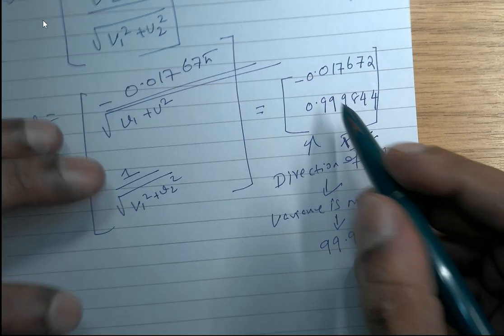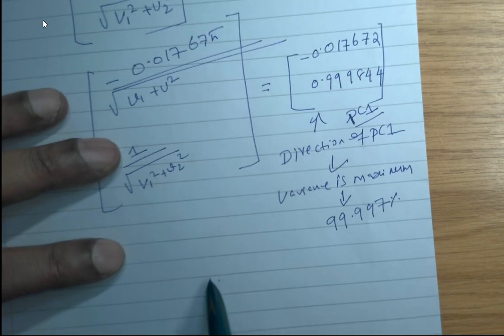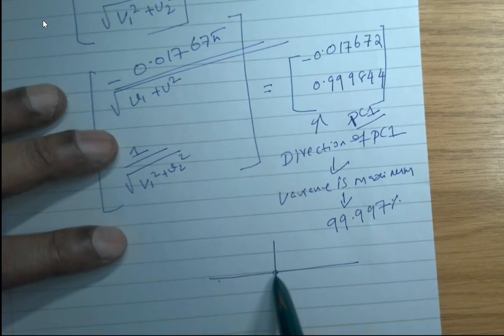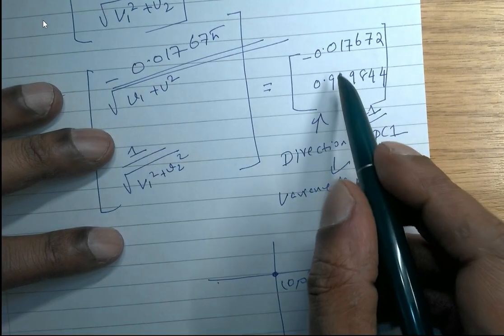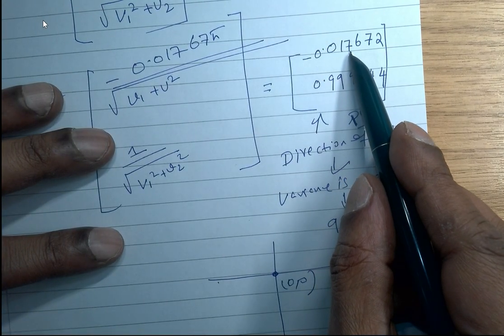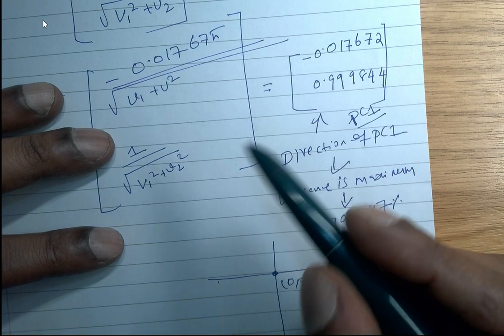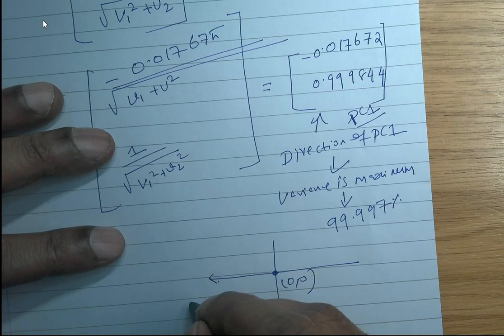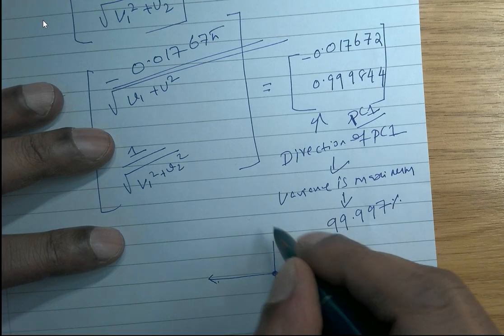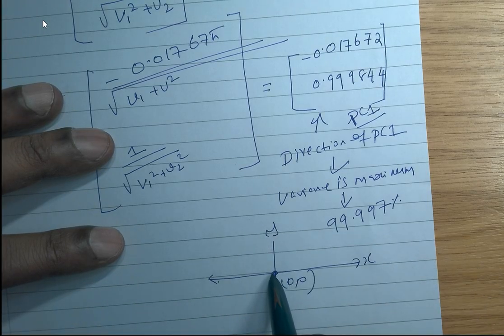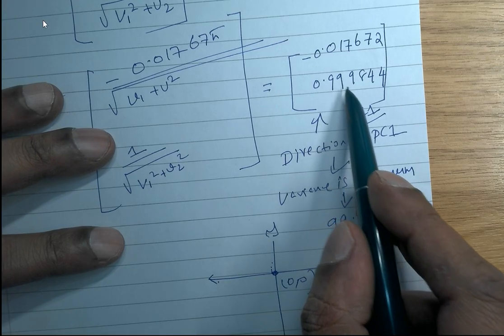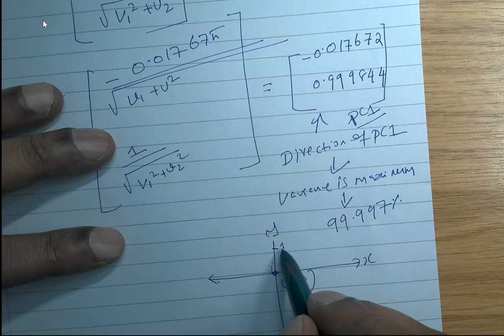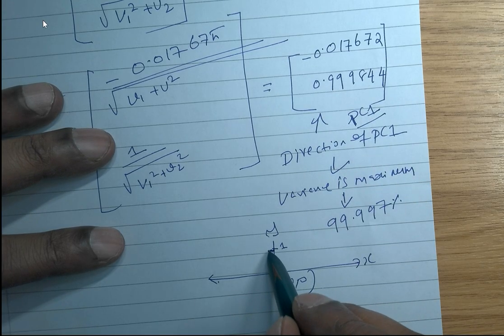Typically, if you want to plot it on graph paper, say this is 0 comma 0, this value will be minus 0.017672, so that's almost on the negative side, no? This is x, that's y, so that's almost here, closer to 0. And then the y value is 0.999, so let's say this is 1, so this value will be around here.